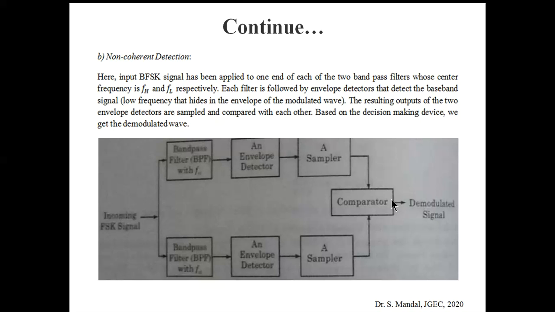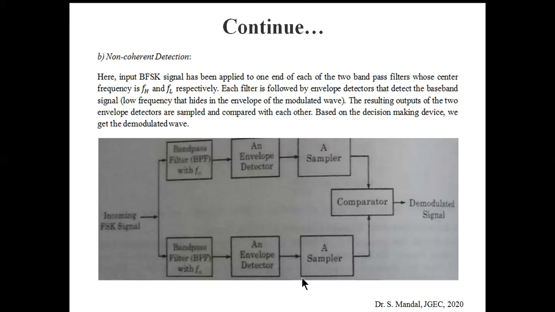For the first bandpass filter, the corresponding output passes through the envelope detector. As you already know, the envelope of the signal contains the baseband signal, so the envelope detector will extract the corresponding baseband voltage level.